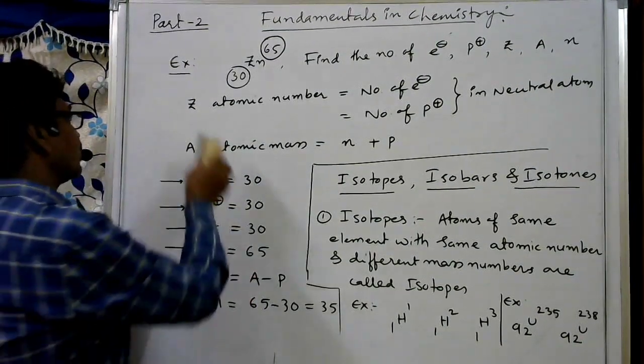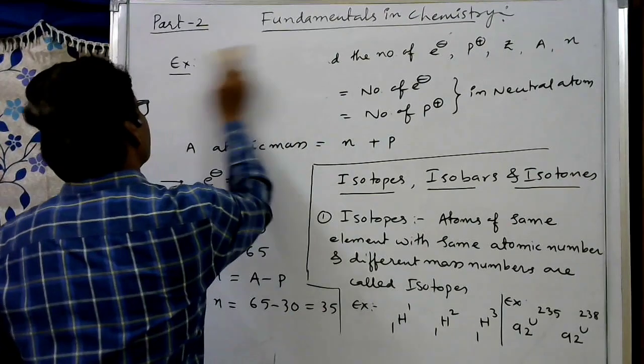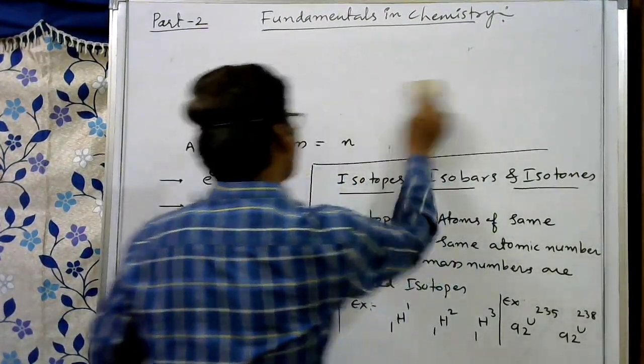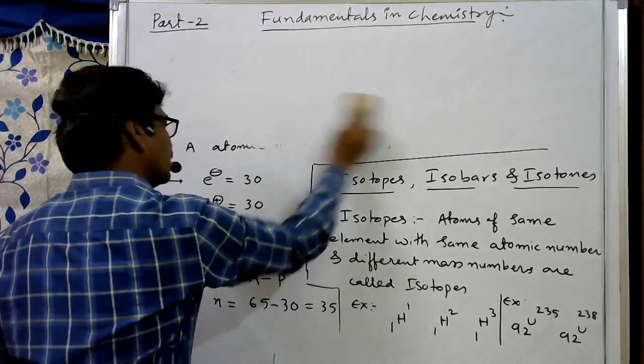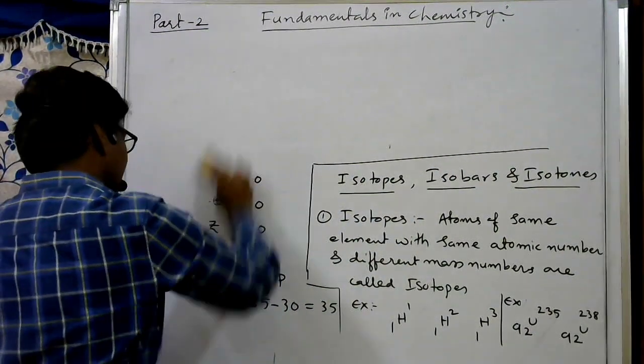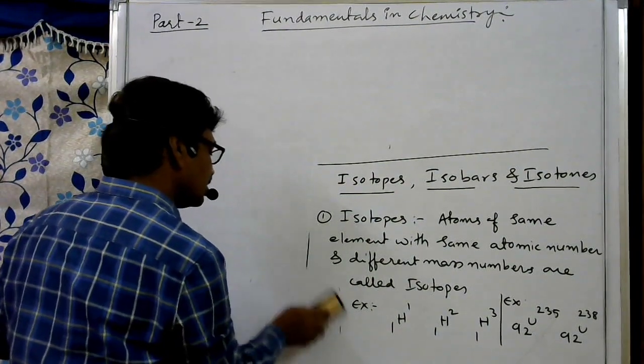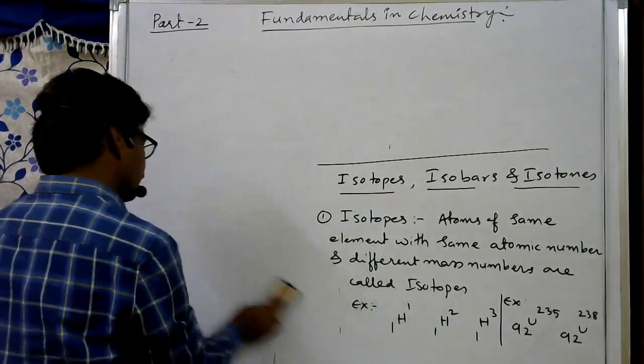One more example: chlorine also has two isotopes. One is the 35 isotope, the other is the 37 isotope.